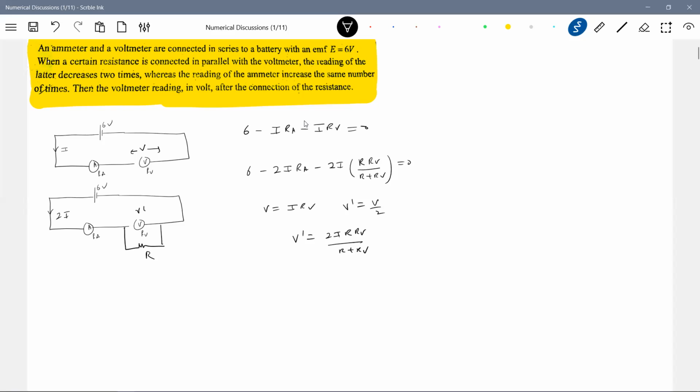Resistance of ammeter will be there as it is, RA. I think this much of data is what we have. Let me go for the next one. IRV, we can write it as 2V by R plus RV.